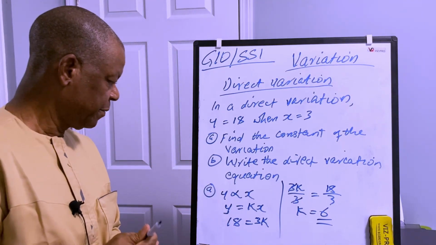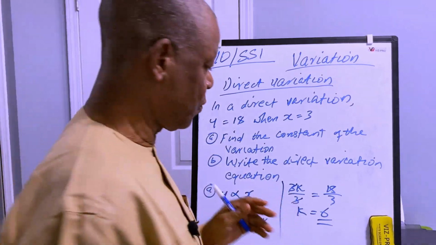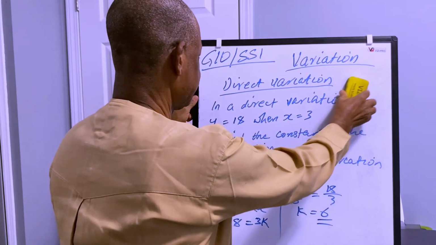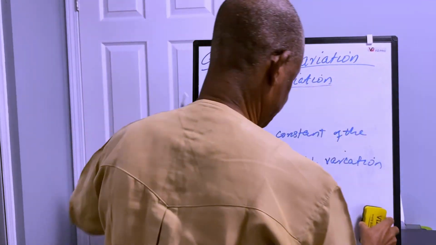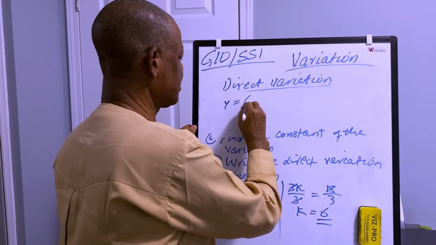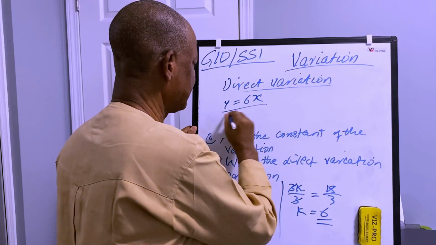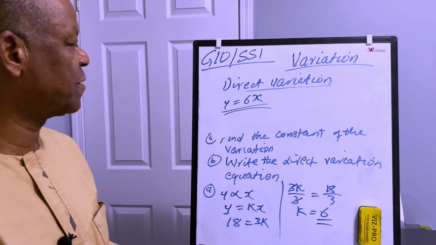B, we are expected to write the direct variation equation. We simply say that y is equal to kx, or rather 6x, because k has been found to be 6.